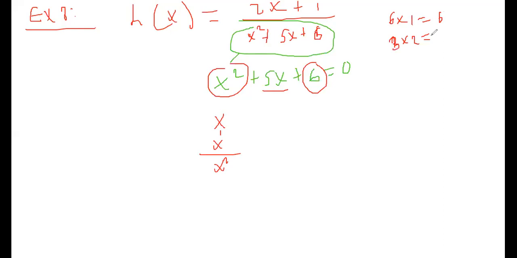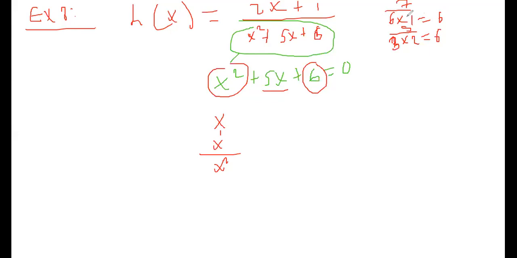So which one should we take? To decide, 6 plus 1 gives us 7, and 3 plus 2 gives us 5. If you add those two factors, they should give you the number here, the coefficient of the linear component of the quadratic equation.